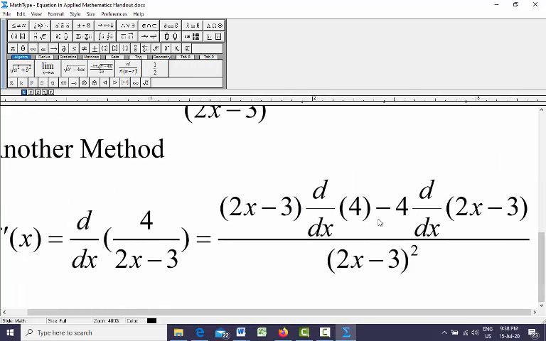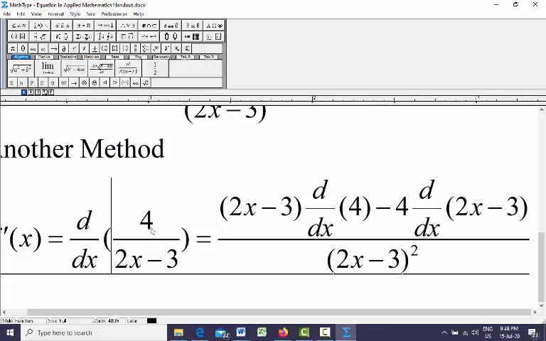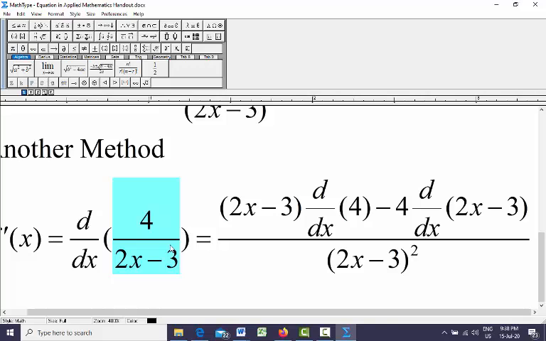Pay attention, let me explain it again. When you have something like this, 4 divided by 2x minus 3, we can apply the division rule of differentiation. Whatever you have in the denominator, we square it, so we get a fraction first, with the square of 2x minus 3 in the denominator.